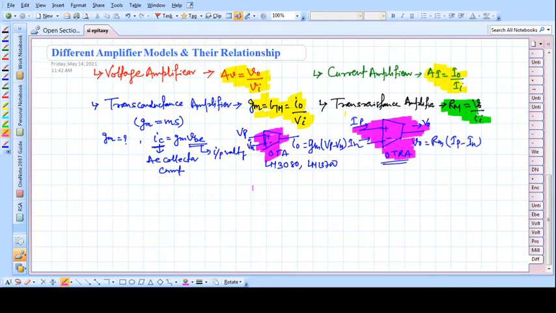Now I will draw the equivalent circuits of the voltage amplifier, current amplifier, transconductance and transresistance amplifier, and we have to find the relationship between these amplifiers. First we will start with the very simple one, that is our voltage amplifier.